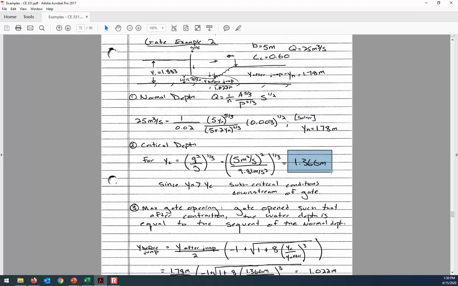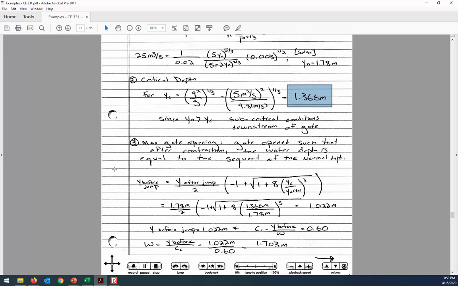Downstream of the gate, the conditions are subcritical, so it is going to jump up through a hydraulic jump. For the maximum gate opening, we use the Bellinger momentum equation, which solves for the relationship between upstream and downstream in a hydraulic jump. That tells us before it jumps, the depth would be 1.022 meters.